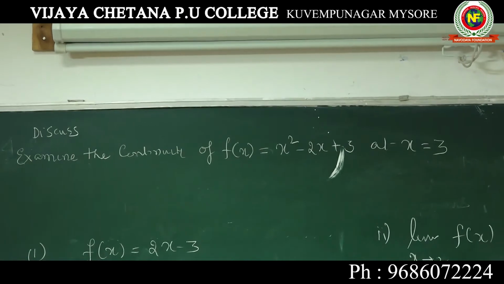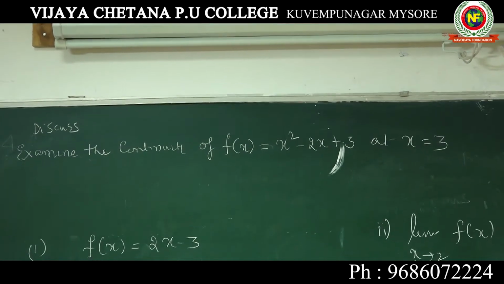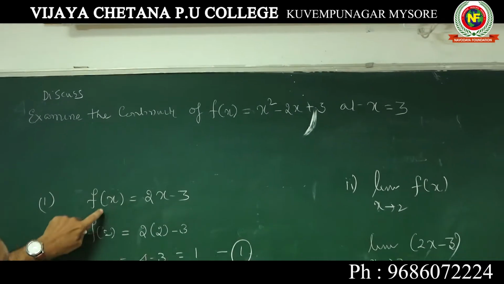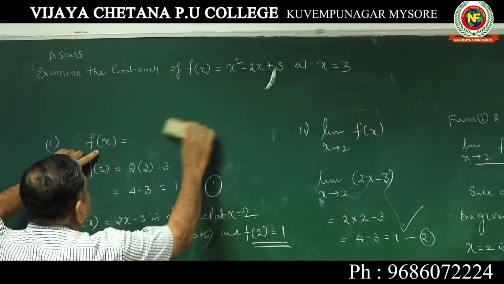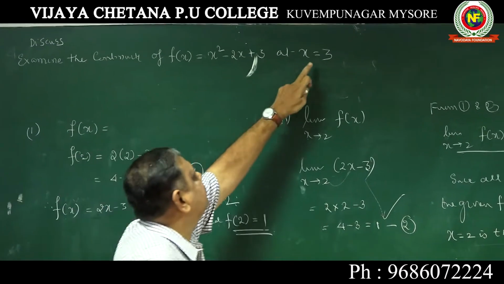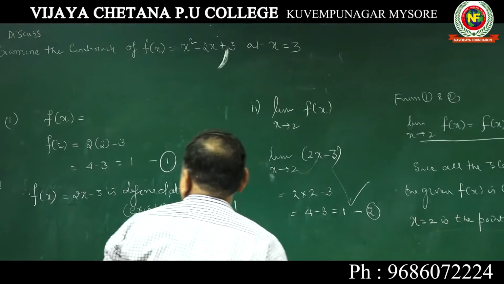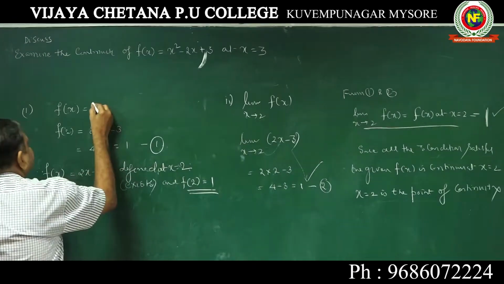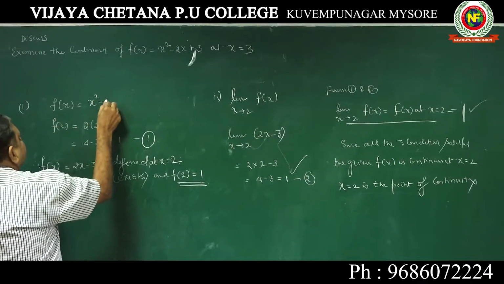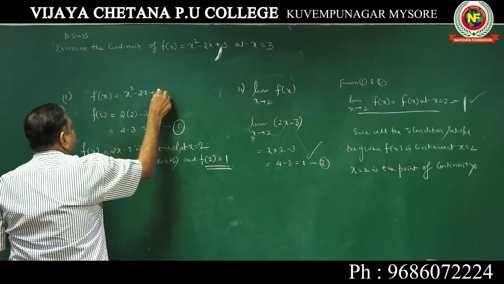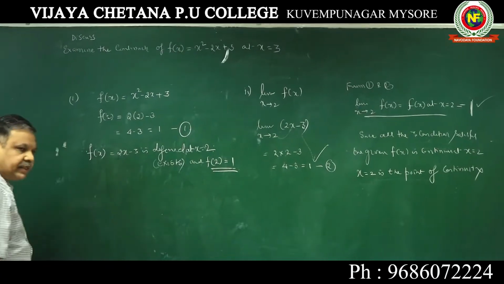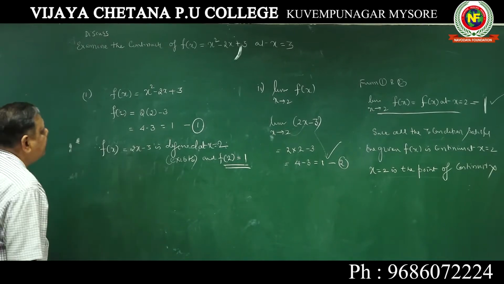Now take the same thing again. f of x is equal to this, which is given. Now calculate f of 3. f of x is equal to x square minus 2x plus 3.